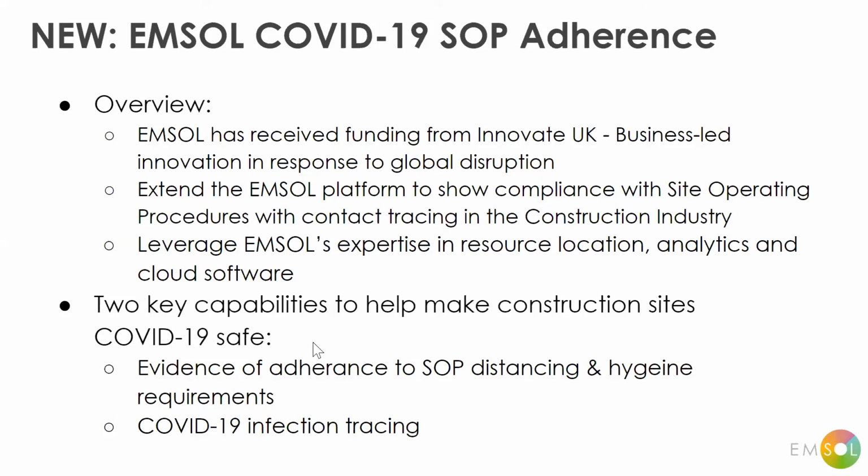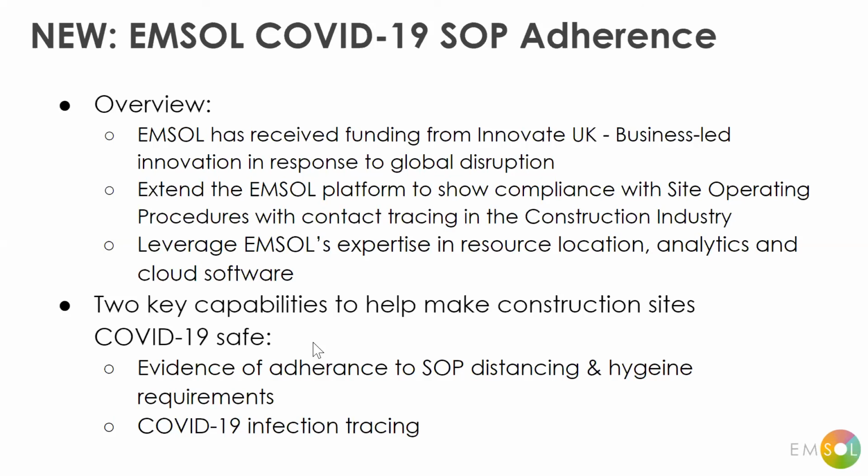We're extending the current EMSOL platform with two key capabilities to make construction sites COVID-19 safe or safer. First, deliver evidence that team members are adhering to the social distancing and hygiene requirements laid out in the SOPs. Hopefully everybody's seen those SOP documents. They're available on the CLC site.